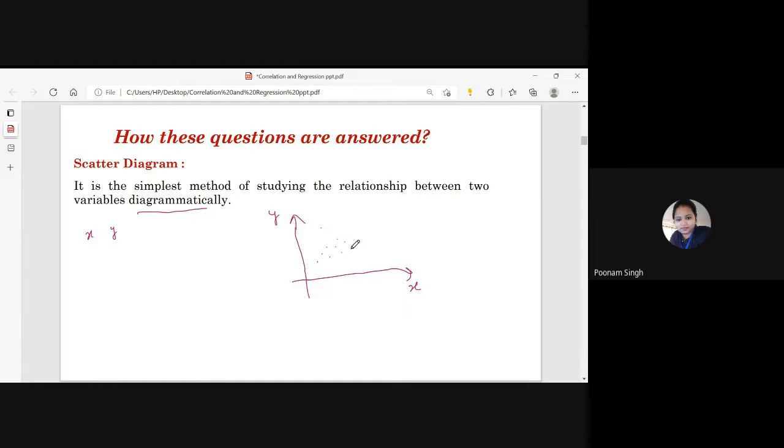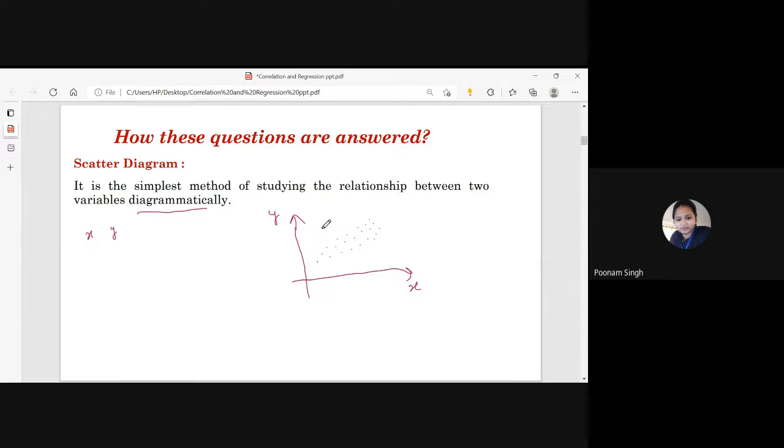Obviously, if we are putting a dot for each observation, the total number of dots in this plane will be the number of observations in your data set. Once you plot those observations on your xy plane, just by seeing the direction, scatter or concentration of these dots, you can tell the type of correlation between the two variables x and y.